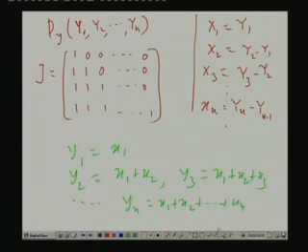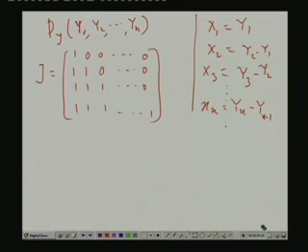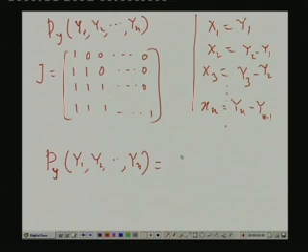So now the thing is very simple. The joint density of y will be nothing but px at this choice x1 up to xn divided by the determinant, that is 1.